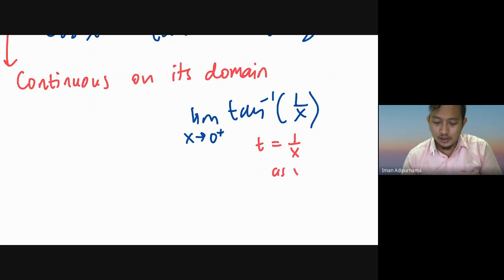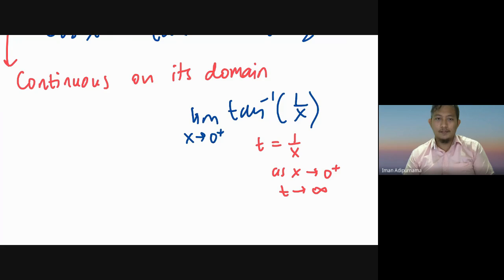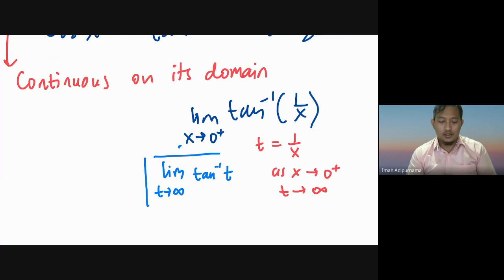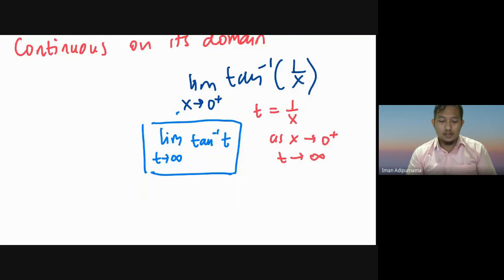So as x goes to positive infinity, t will also go to infinity. So we have the limit as t goes to infinity of tangent inverse t, and I think it is very clear that this is equal to pi over 2.